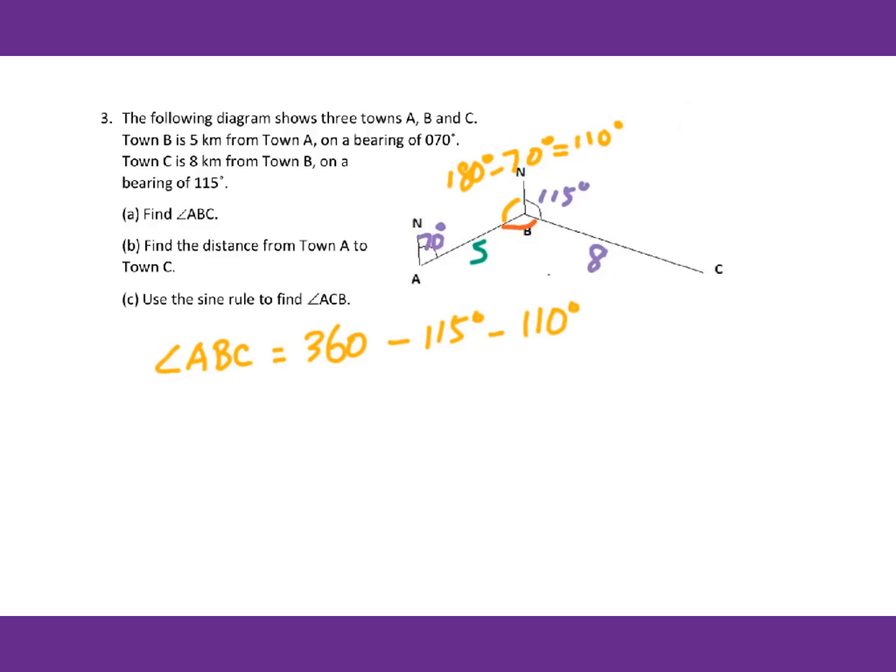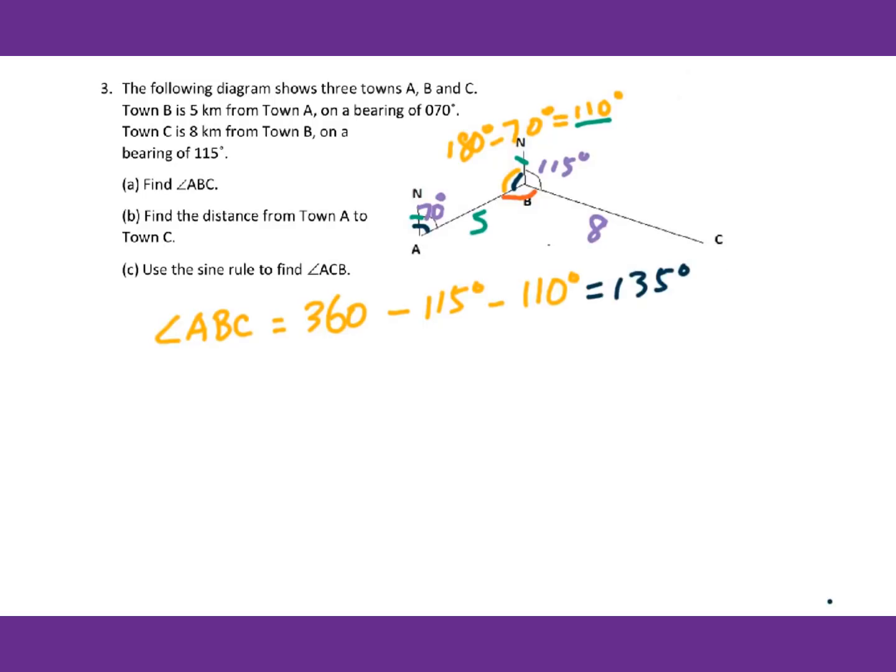The reason this angle is 110 degrees is because these two are parallel lines, and these two angles are consecutive interior angles, which means the sum of these two angles equals 180 degrees. We got angle ABC equals 135 degrees.